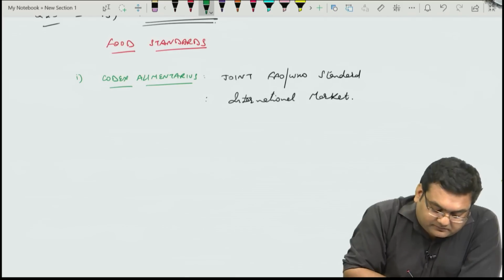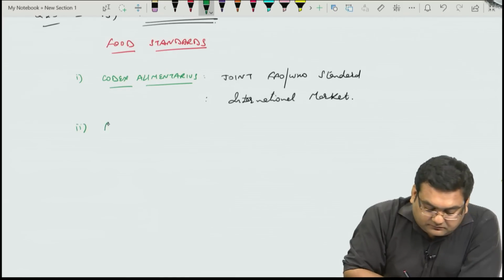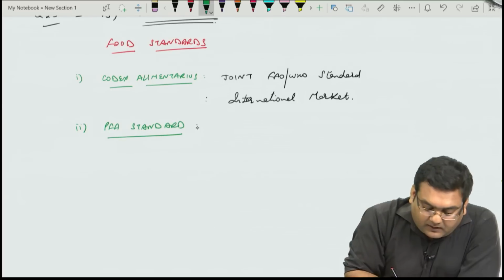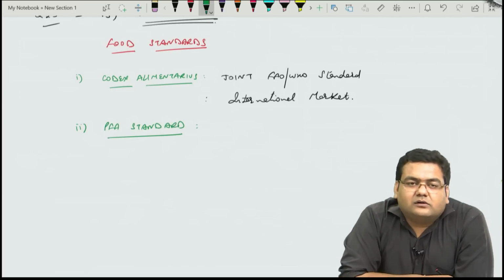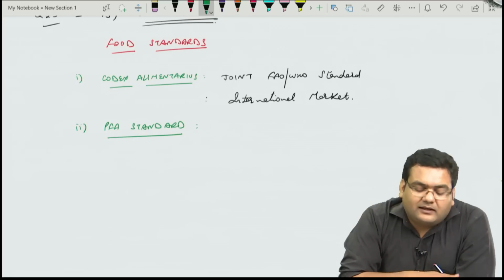Second is PFA standard, also called Prevention of Food Adulteration standard.